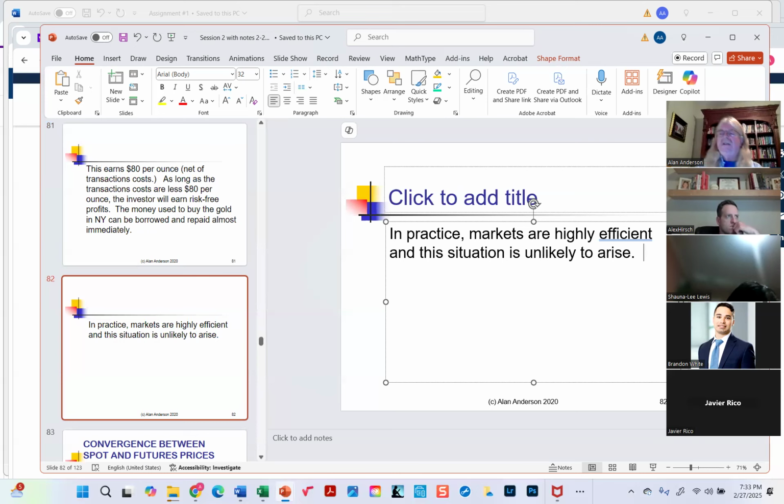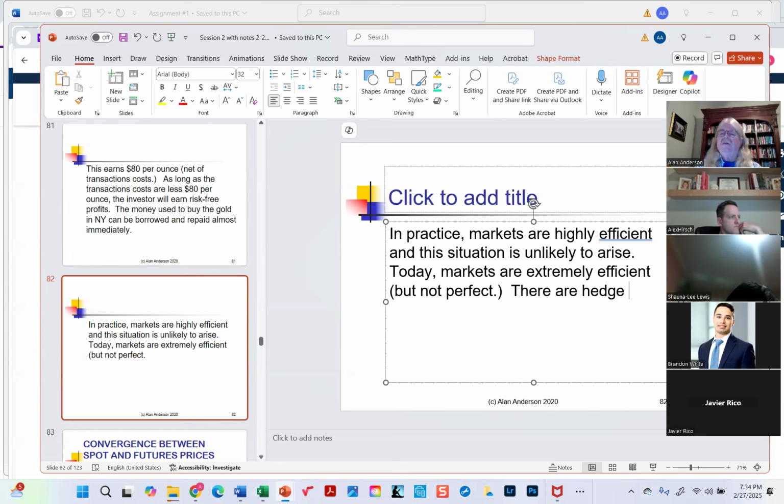Now, today, markets are extremely efficient, but they're not perfect. So what happens is you find these hedge funds that are set up.